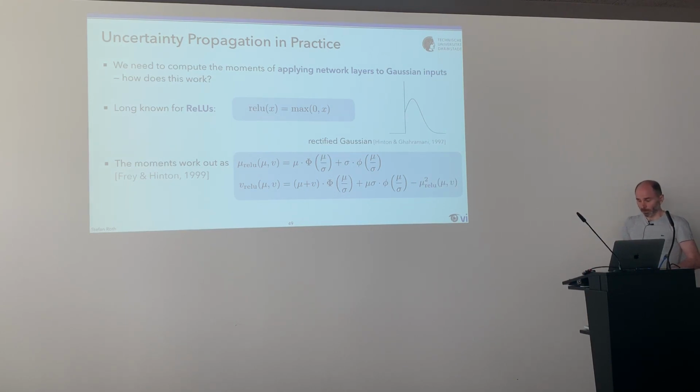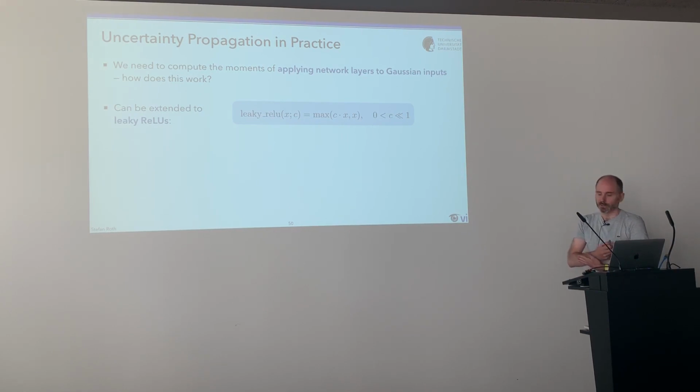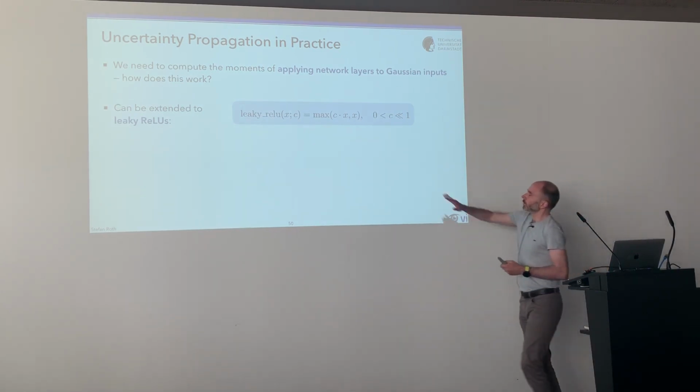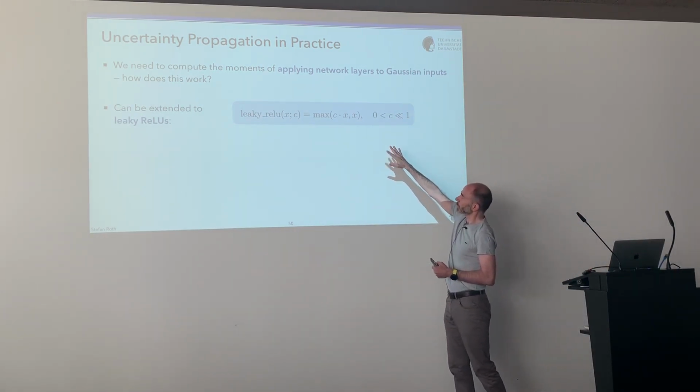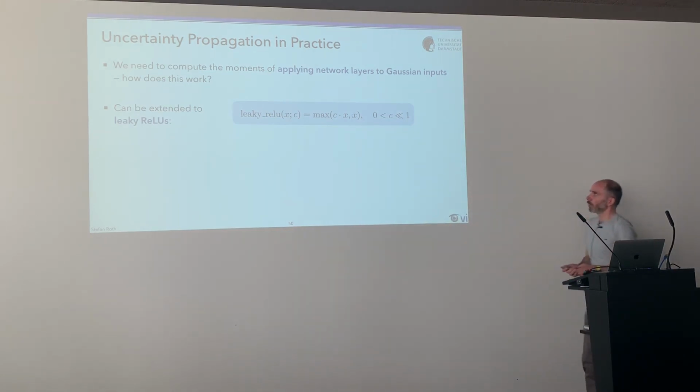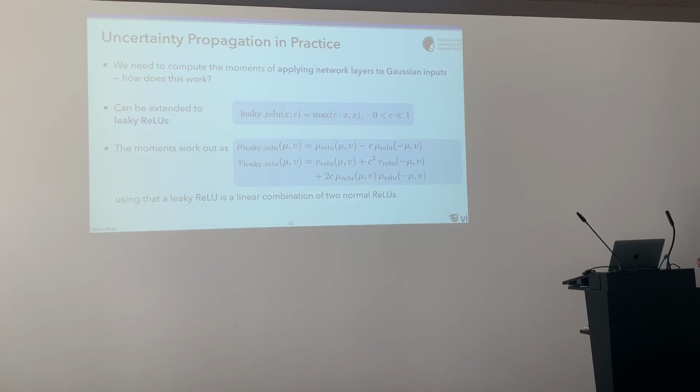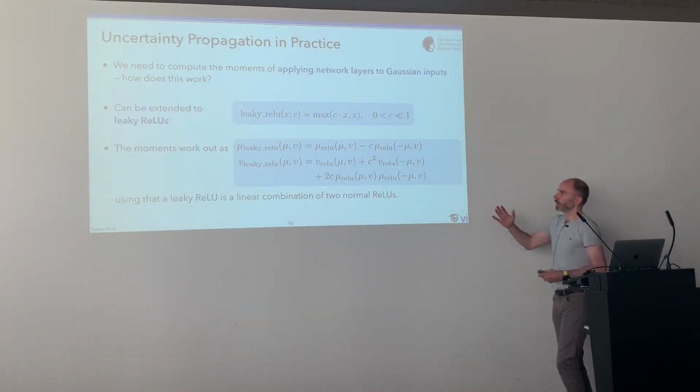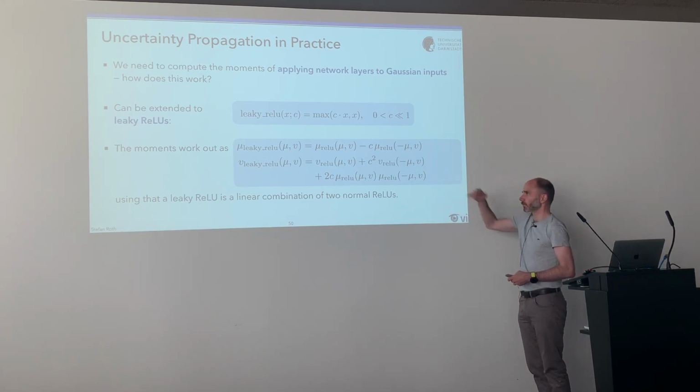Now you don't have only ReLUs, you might also have leaky ReLUs, parametric ReLUs, where basically you have two linear pieces but with different slope, slope 1 on the positive half space and some smaller slope in the negative half space. And it turns out a leaky ReLU is just a linear combination of two ReLUs. Okay, and if I can compute the mean and the variance of a ReLU, I can also compute the mean and the variance of a linear combination of two ReLUs.